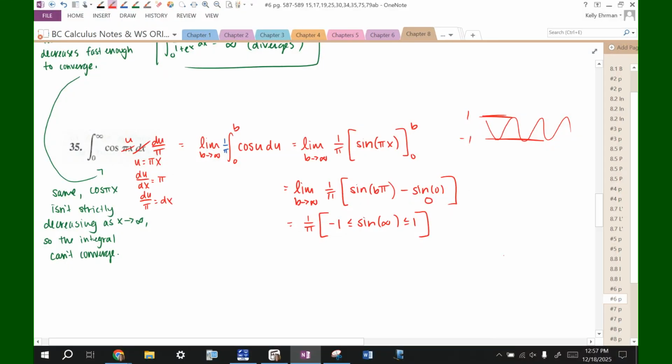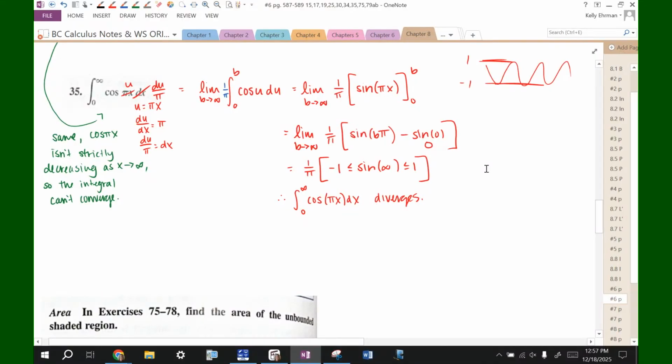The area will keep going back and forth between negative 1 over pi and positive 1 over pi. So that means that this integral diverges because it's not converging to a single numerical answer. I can tell you what the area will be between, but I can't say that it converges to one single number.